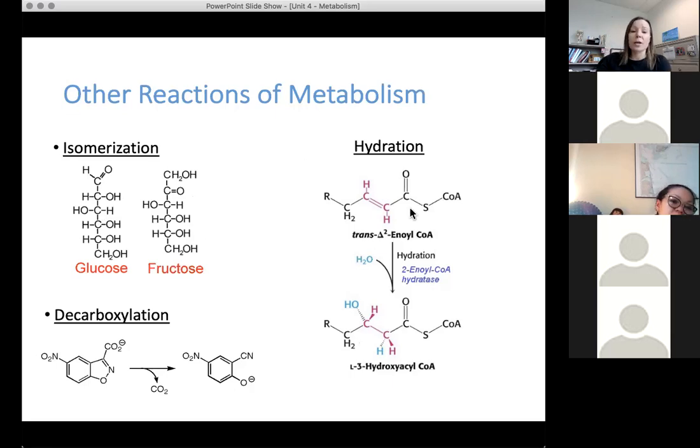Hydration, if you guys look at this diagram, you can probably see what's happening with hydration. See what's being added? Water. That's the addition. It's the addition of a water molecule. Dehydration is just the opposite, removal of a water molecule.